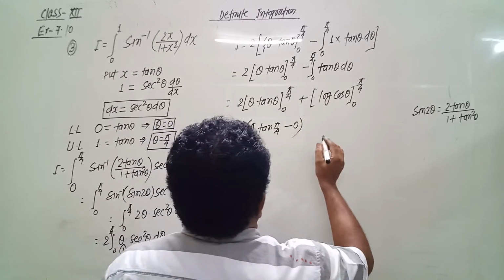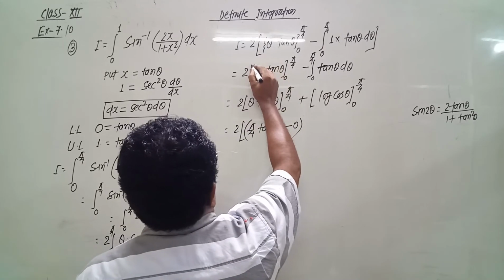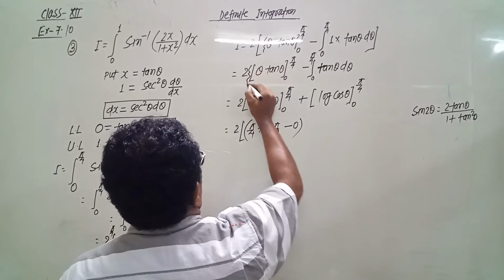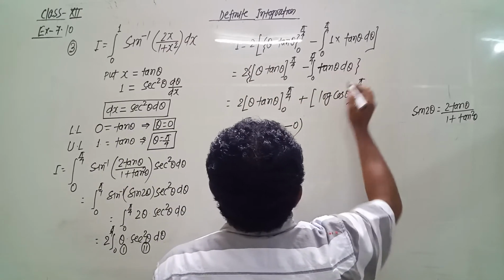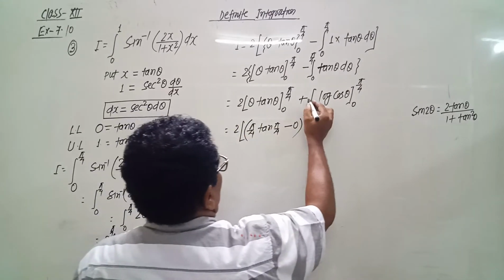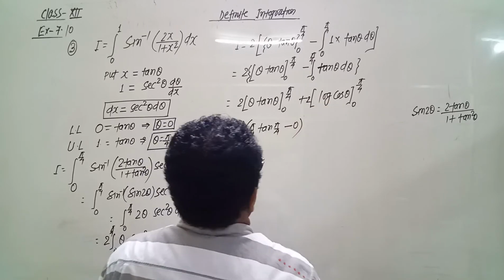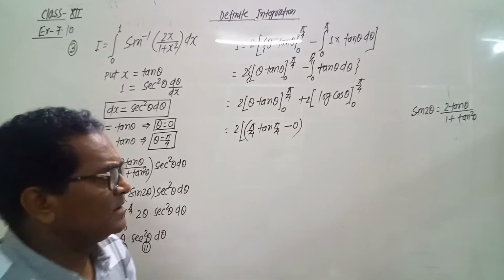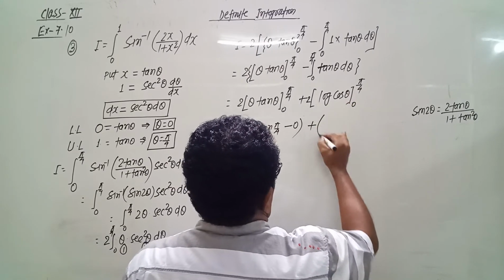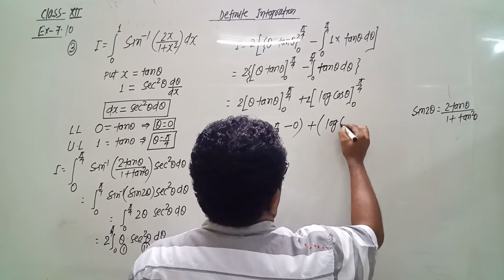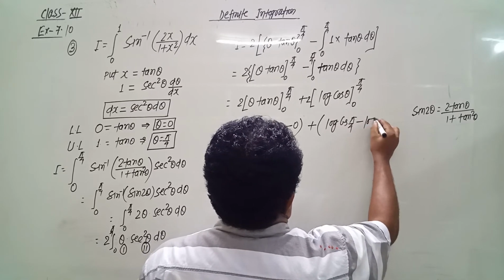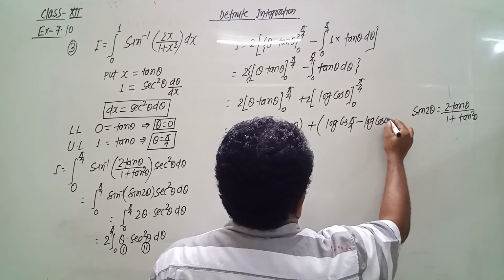Then this whole is multiplied by 2, so 2 we have taken common. Now plus log cos pi by 4 minus log cos 0.